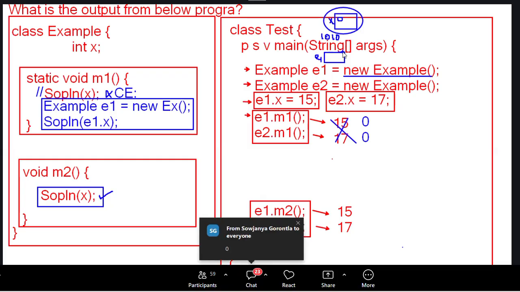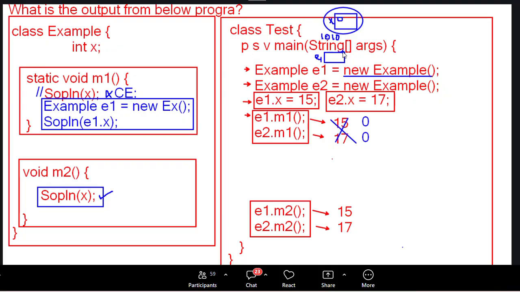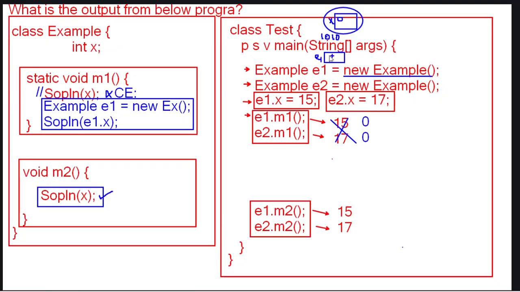I never scolded you in these 35 days. Then why are you afraid, as if every day I am beating you? Try to answer. Then 1010 is stored in E1, pointing to it. What next? Next, new Example for E2. What happened? The E2 variable is created.